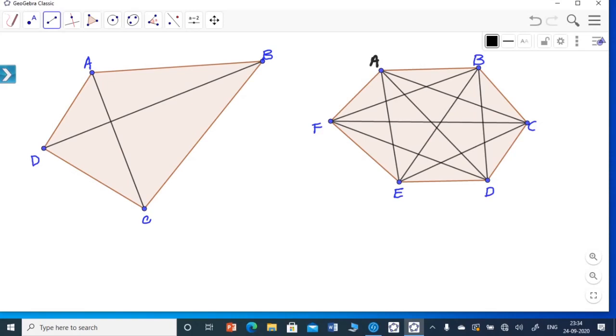The line joining non-consecutive vertices of a polygon is called a diagonal.